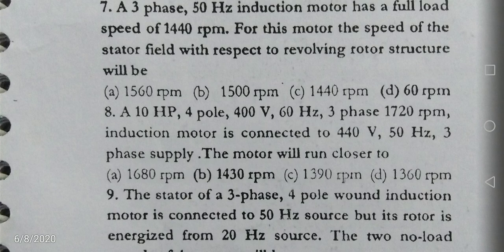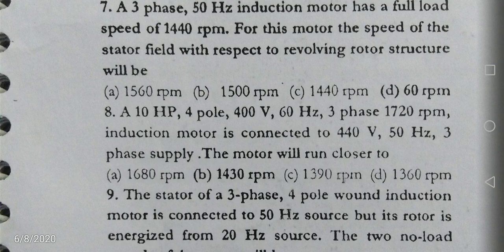The motor will run closer to which speed? With 4 poles and 60 hertz, Ns is 120 into 60 by 4, so the Ns value is 1800 rpm.